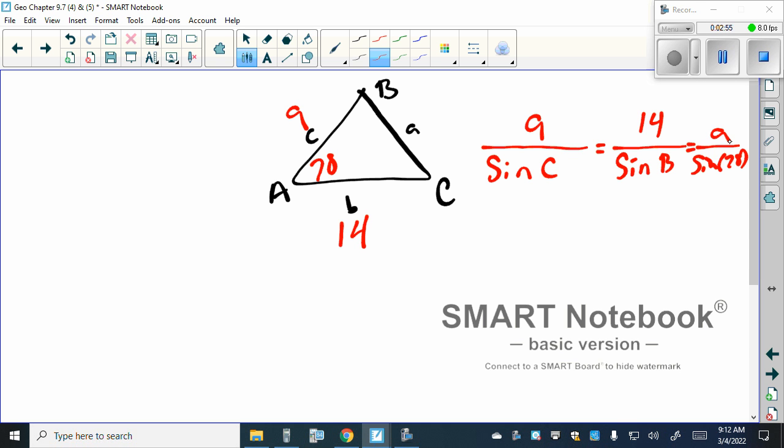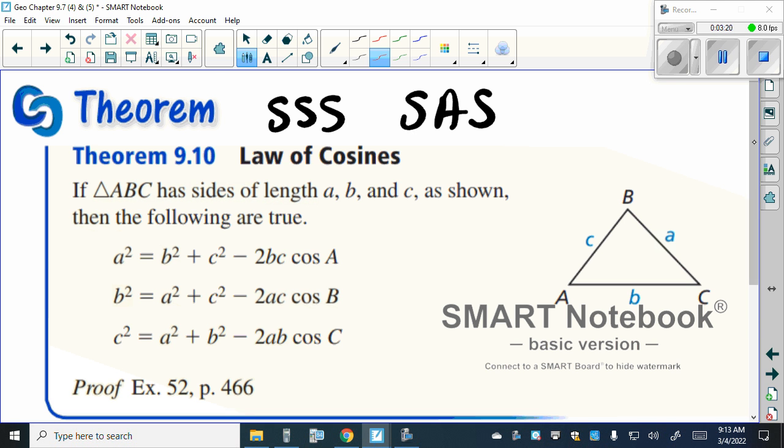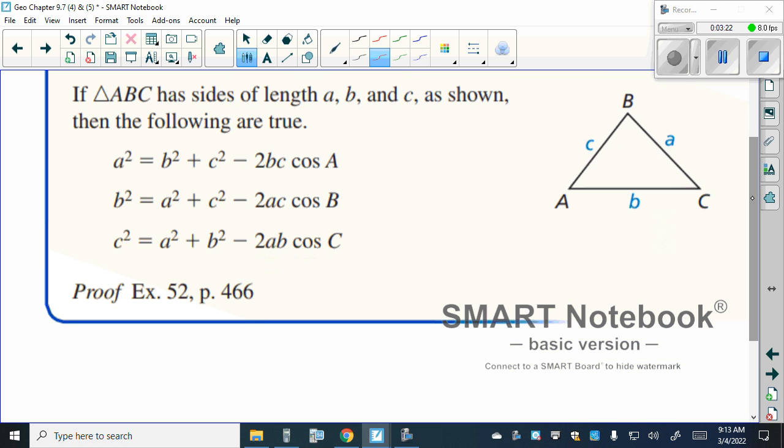And in any two that we pick out of these three, we still have two things missing. If I pick the first two, they're both missing an angle. I can't use it because I'd have to solve for two things. If I pick the second two, one's missing an angle, one's missing a side. Since we have something missing from all three, we can't use law of sines to actually solve a triangle like this. And this is where law of cosines comes in.